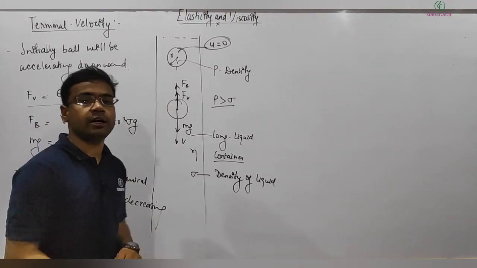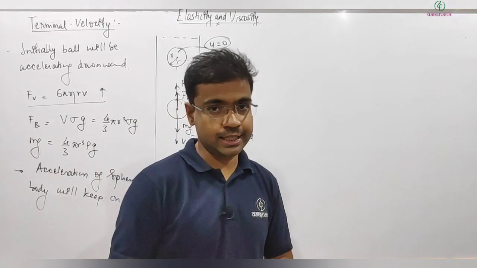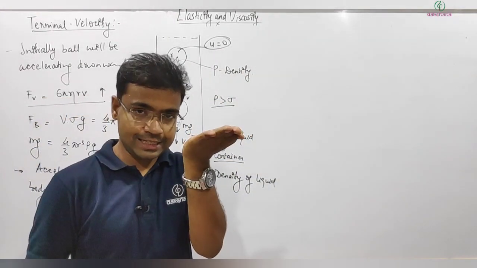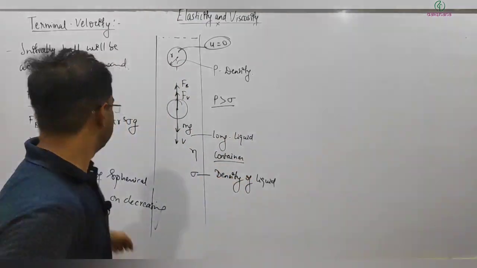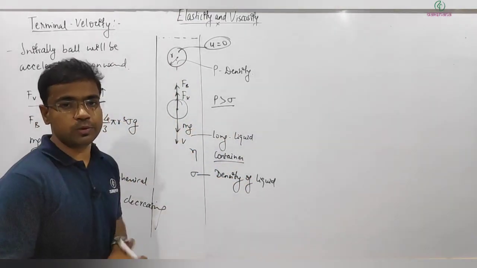Total net acceleration downward is decreasing, and there is one possibility that the viscous force increases sufficiently such that these two upward forces exactly balance the downward force mg.